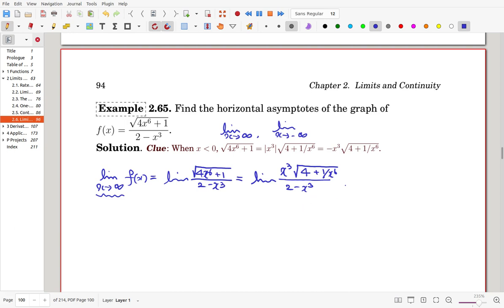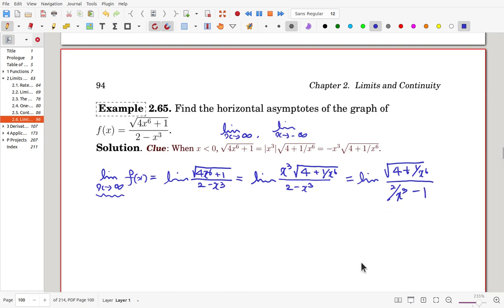Okay, now here we try to divide the top and bottom by x cubed. Then that is a limit, and the square root of 4 plus 1 over x to the 6, and this is here 2 over x cubed minus 1, right?